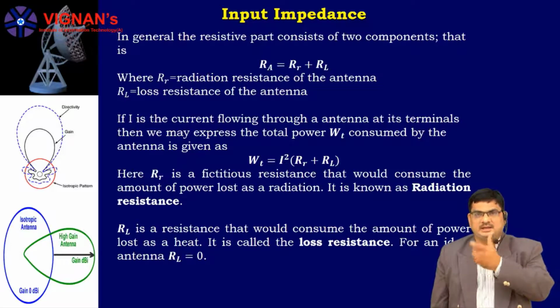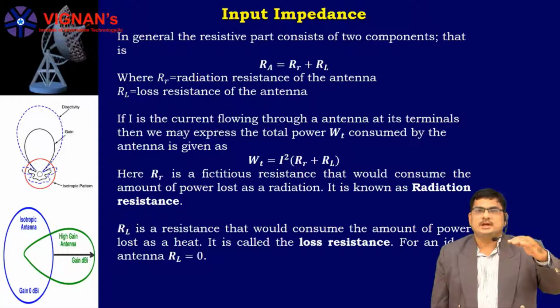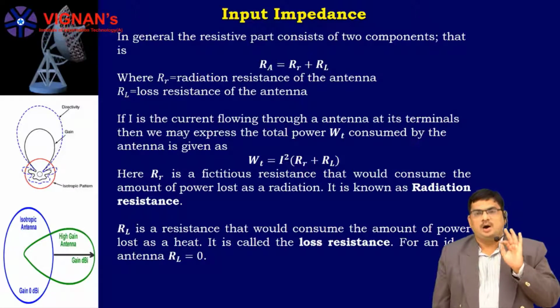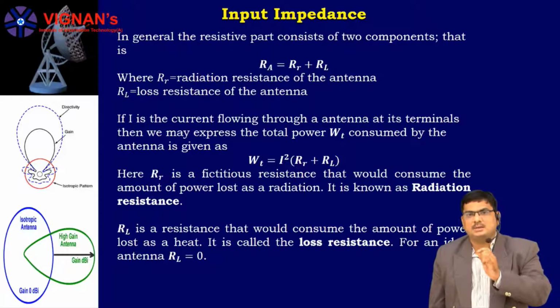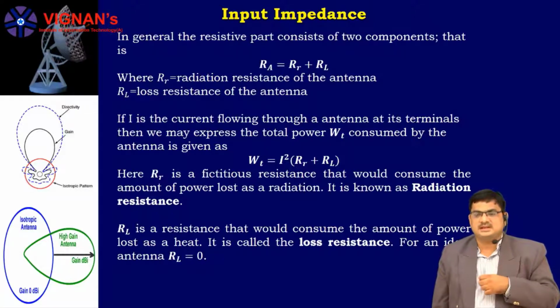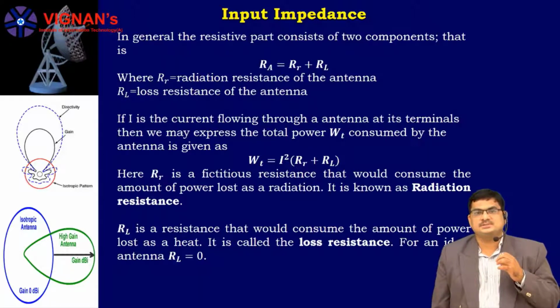But for all practical antennas, there will be some losses because of conductive or dielectric material losses, so there should be some RL. That's why the power is I squared into RR plus RL, where RR is the radiation resistance and RL is the loss resistance. For a lossless transmission line and lossless antenna, this value is equal to 0.